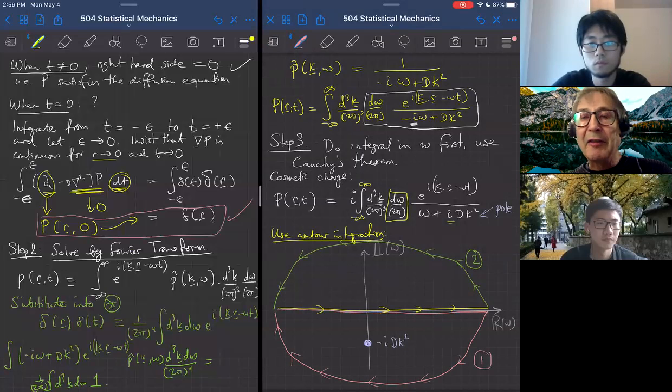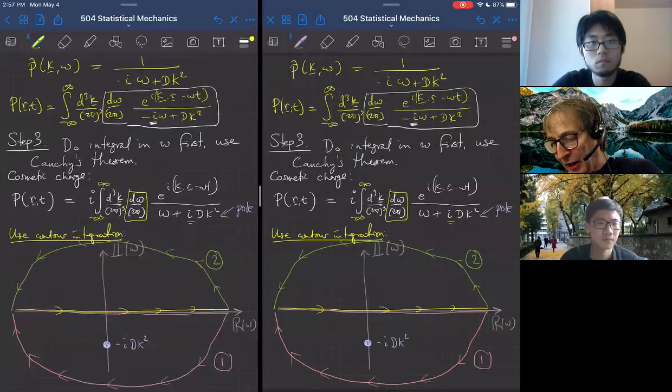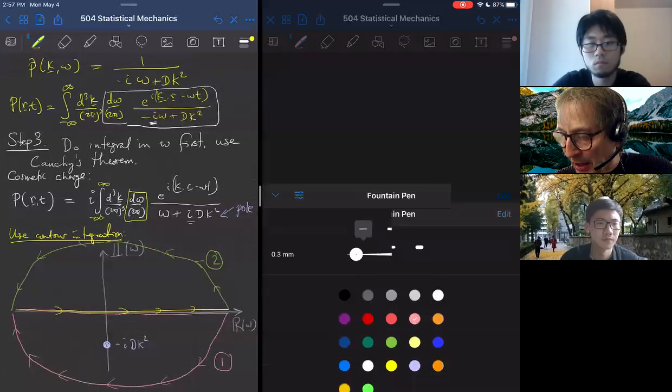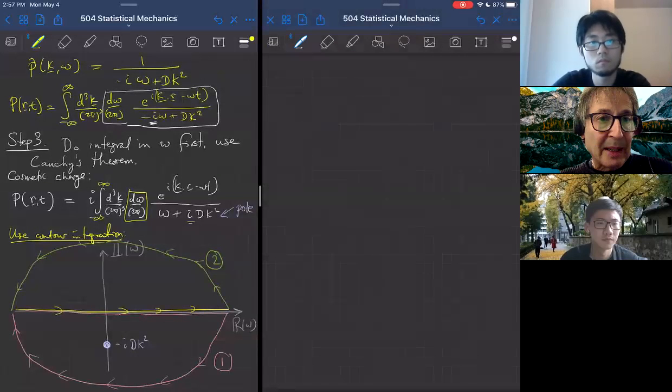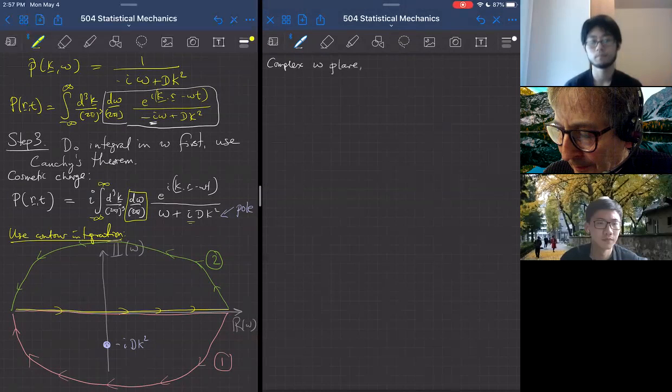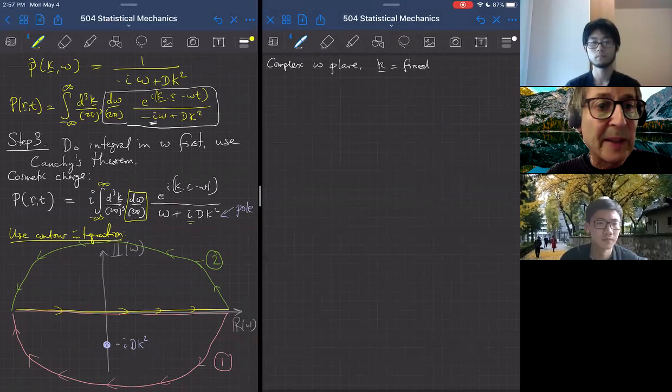And so the idea of contour integration is that I can figure out how to do an integral by counting how many poles are enclosed by a contour in the complex plane. So hopefully you've learnt about that in complex variable theory. And if you haven't, what I'm going to do in the next few minutes will be a good reminder. So the point is that we're looking at the complex omega plane. k is just fixed, so we're not talking about the integral over k.